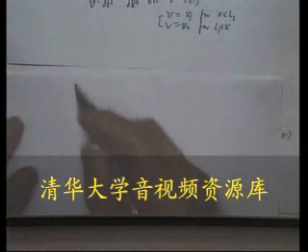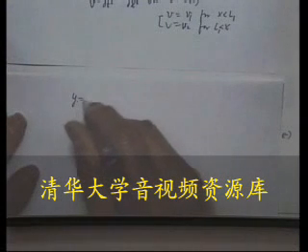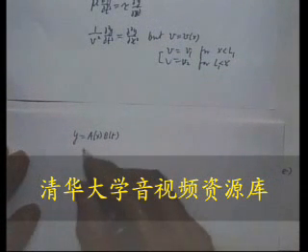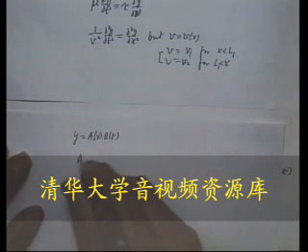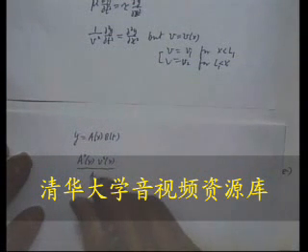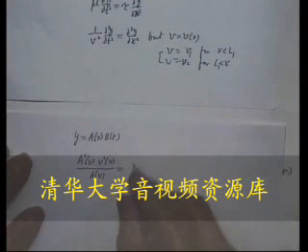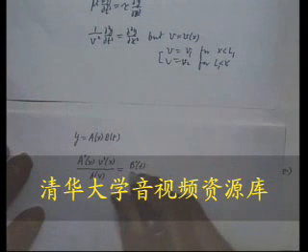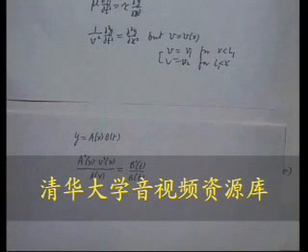So we still do the same thing. We write y is equal to A of x, B of t. And we still have the same equation, which is A double prime of x times v squared of x divided by A of x is equal to B double dot divided by B of t. This is the same as before. The only thing is that v now depends on x.